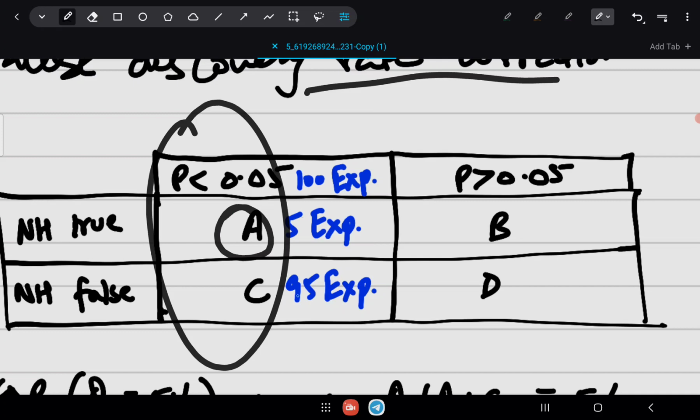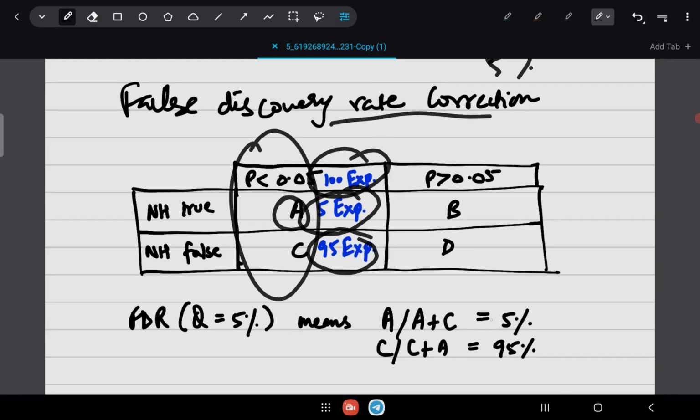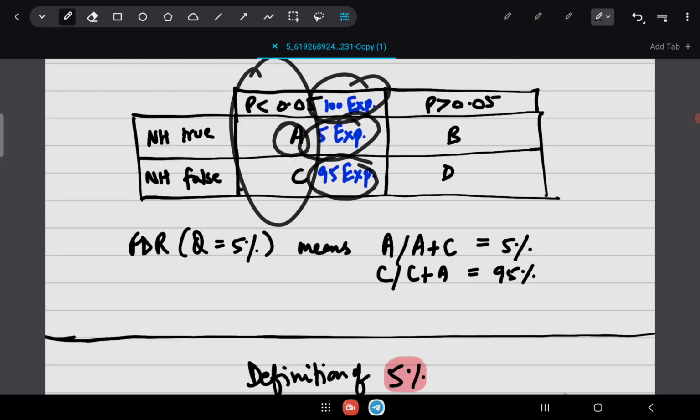So 5 by 5 plus 95 will be 5%. So out of 100 experiments, 5 will be false positives. This is the interpretation when we are maintaining the FDR. So when FDR is maintained at 5%, it means that A by A plus C is 5%, or I can also say that C by C plus A is 95%.